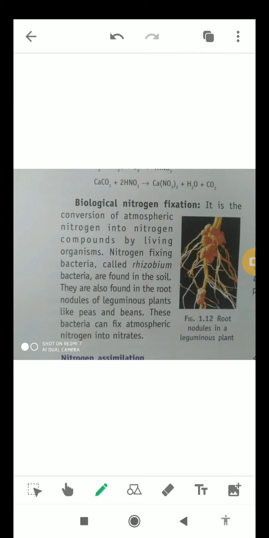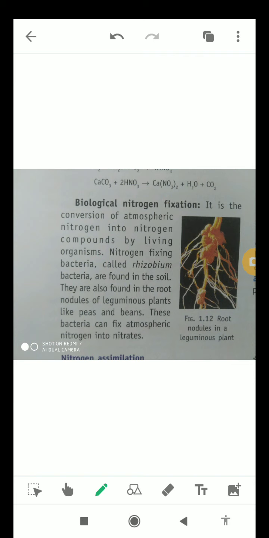Next is biological nitrogen fixation. How does nitrogen fixation take place in the biological atmosphere? It is the conversion of atmospheric nitrogen into nitrogen compounds by living organisms called rhizobium bacteria.